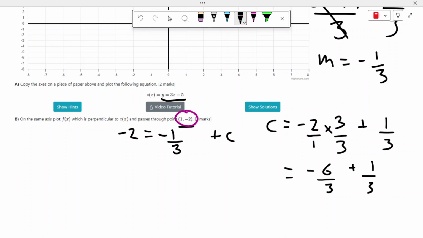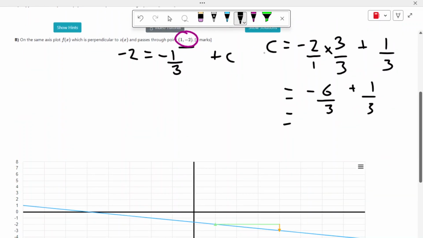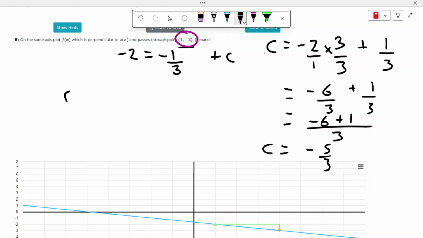So we can say that this is equal to minus 6 plus 1. And the final answer is that c is equal to minus 5 divided by 3. So our final equation is that f of x is equal to minus 1/3 x minus 5 over 3.